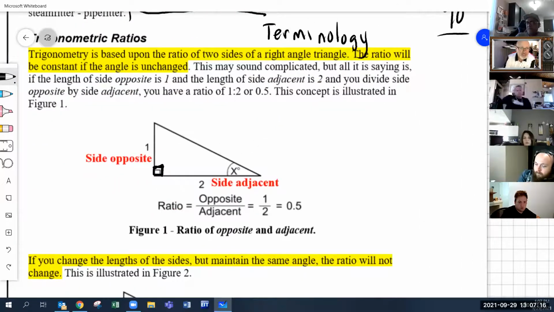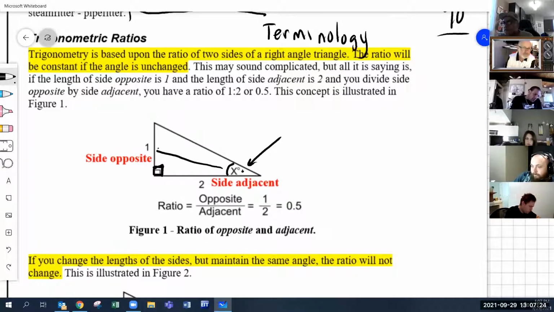In this picture, it shows the angle right there. And if that's the angle, then this becomes the side opposite. This becomes the side adjacent to the angle. And as we know, this is always the hypotenuse.